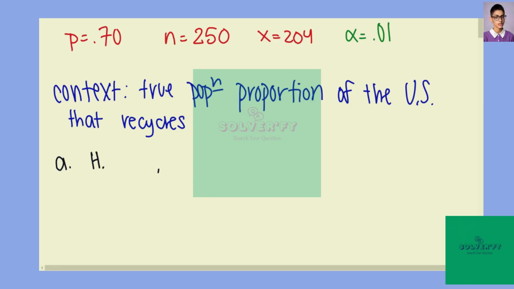So our null hypothesis, our claim, is that 70% of these college students recycle. We want to see if the actual proportion of the college students who recycle is greater than 70%.